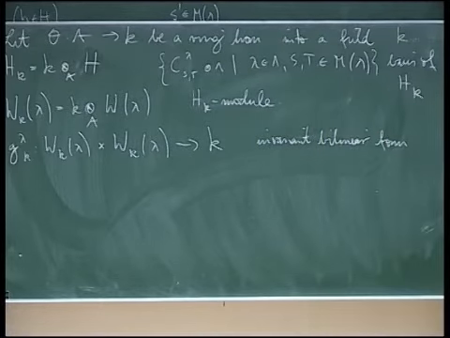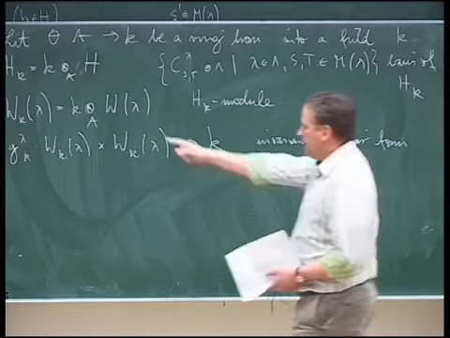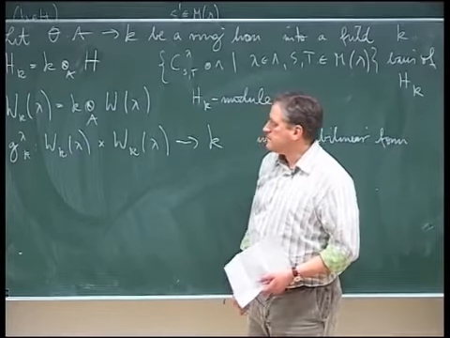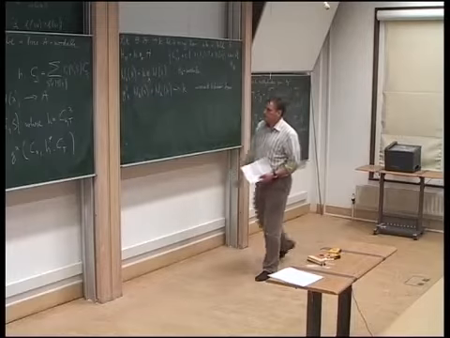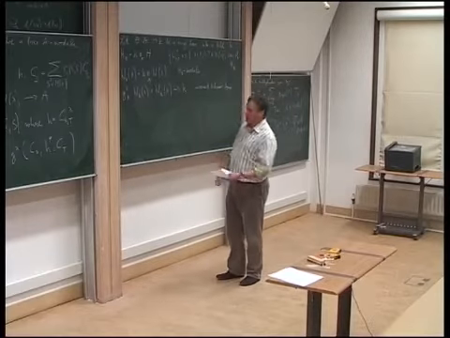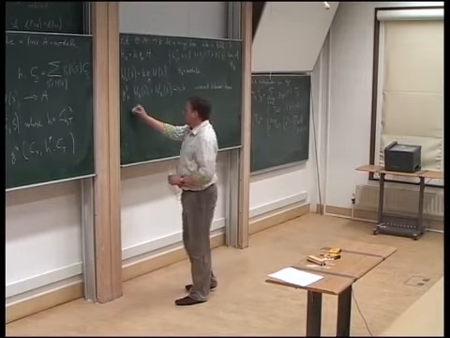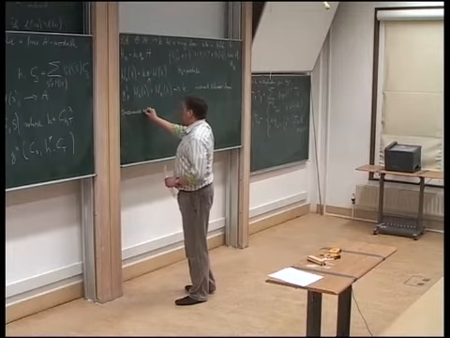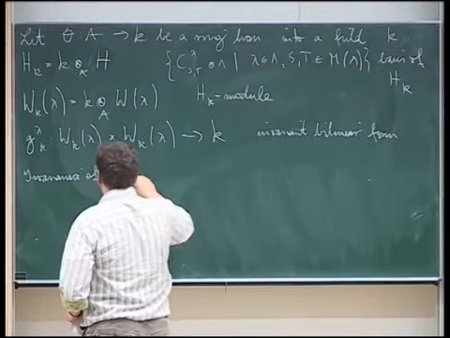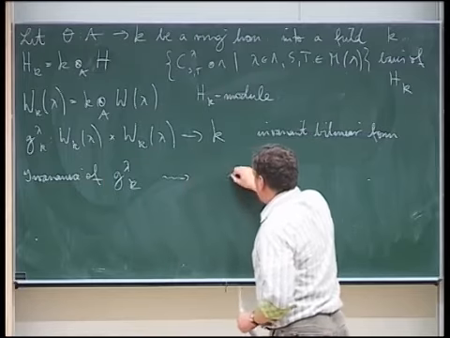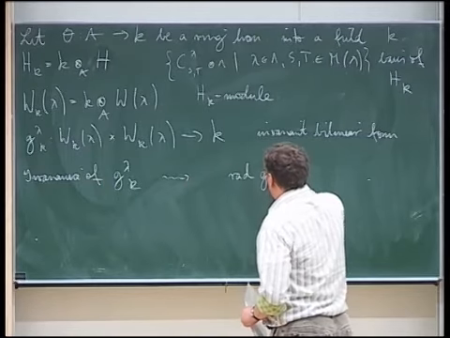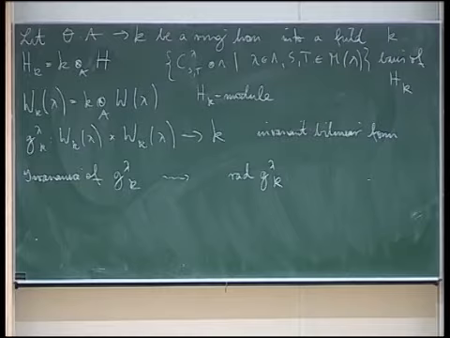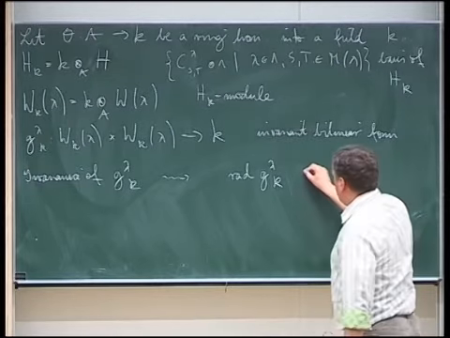Now, in general, these W lambda k will not be irreducible, but we have this bilinear form, and this invariance implies that the radical of this form is an Hk submodule of W k lambda.